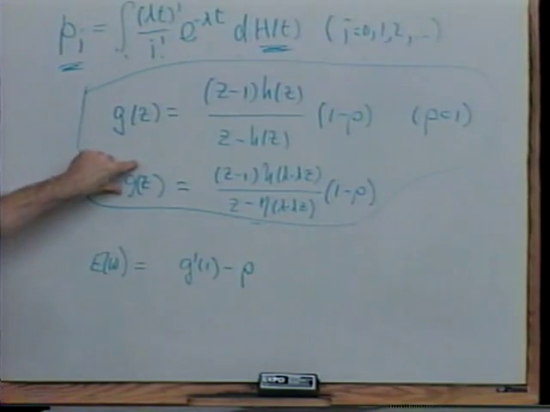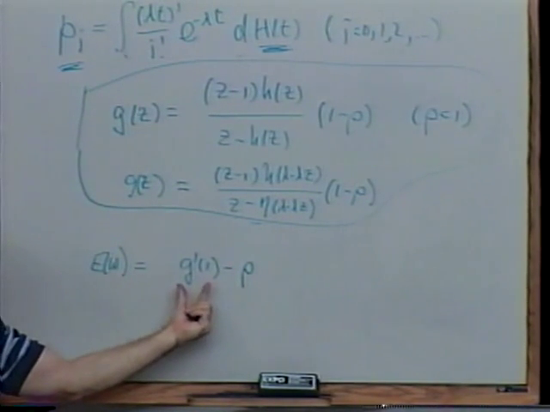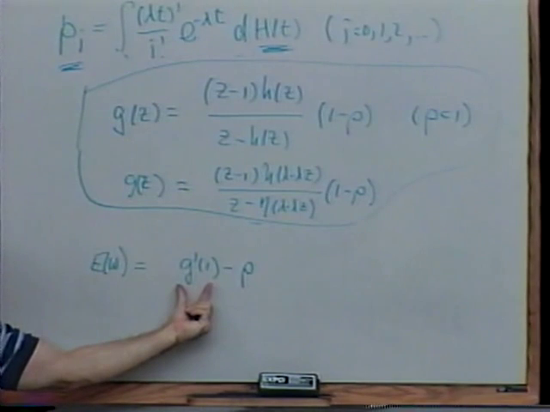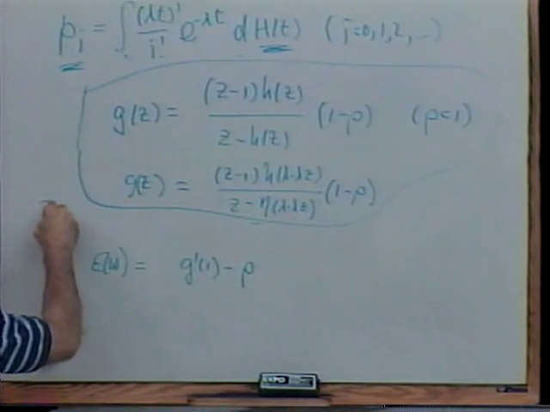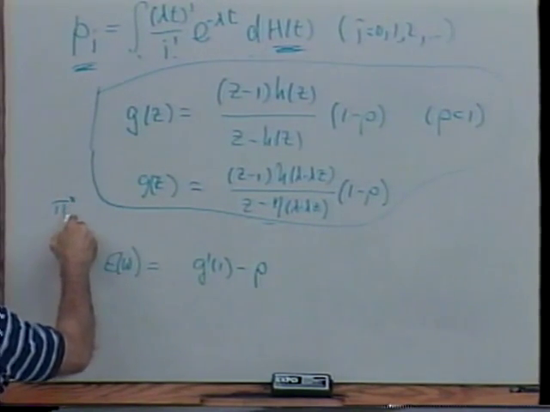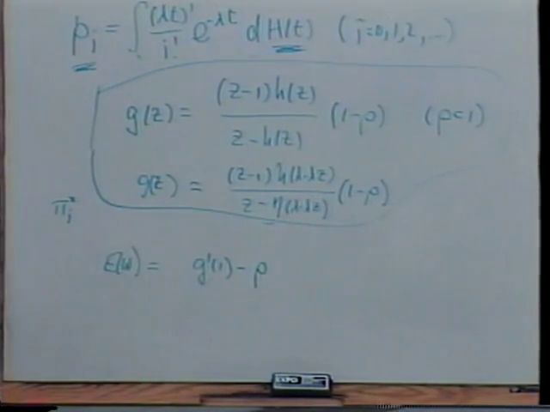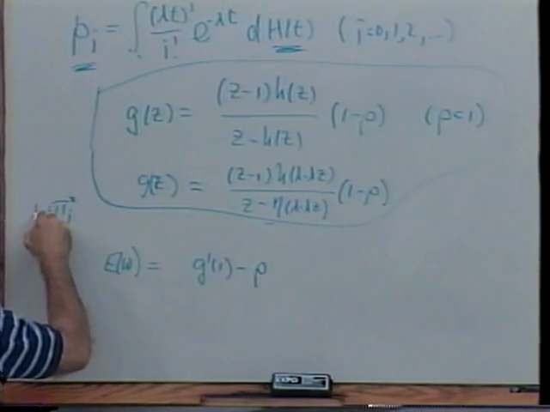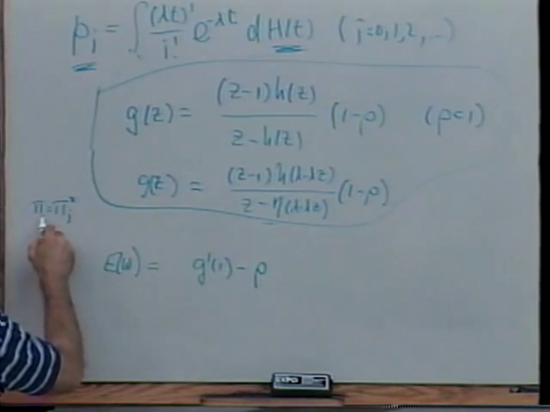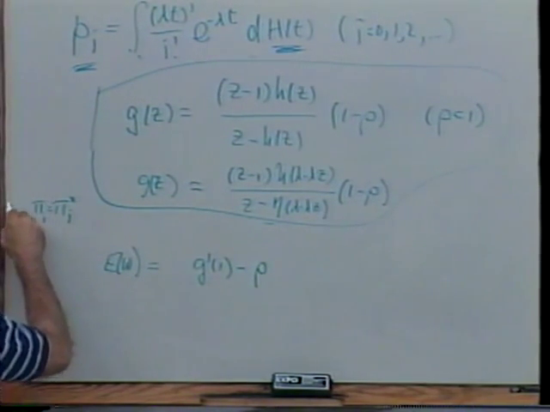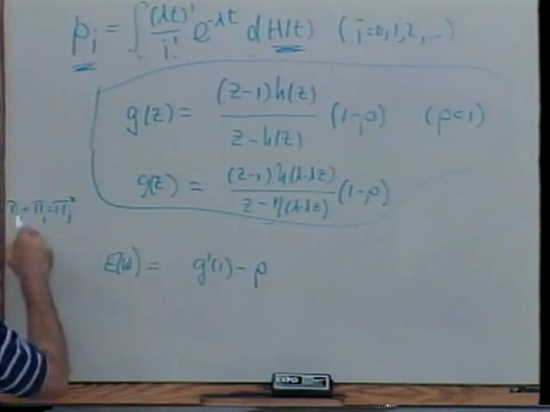Now, what I get here is the expected number in system, because it's the expected number left behind by a departure, the expected value of that distribution. But we know that departures see the same thing as arrivals because it's a one-step process. And we know that the arrivals see what the outside observer sees by PASTA.